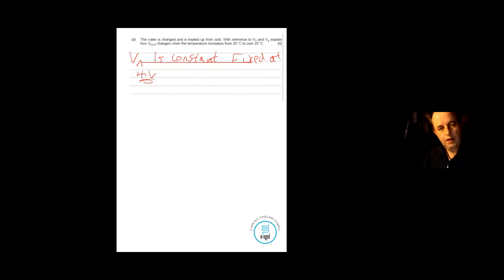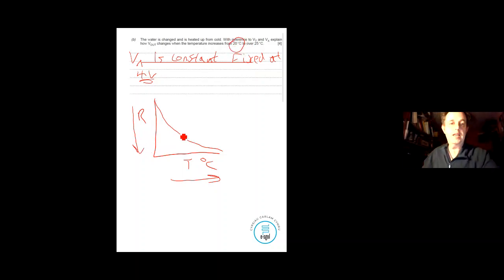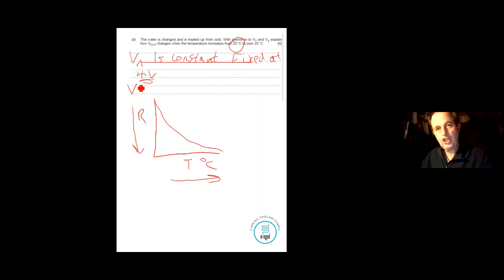Now, what you have to know about a thermistor is this characteristic: as the temperature in degrees centigrade increases, the resistance of the thermistor decreases. So at 20 degrees, we would have a bigger resistance. If it's got a bigger resistance, the voltage at T will be bigger, because V equals IR.